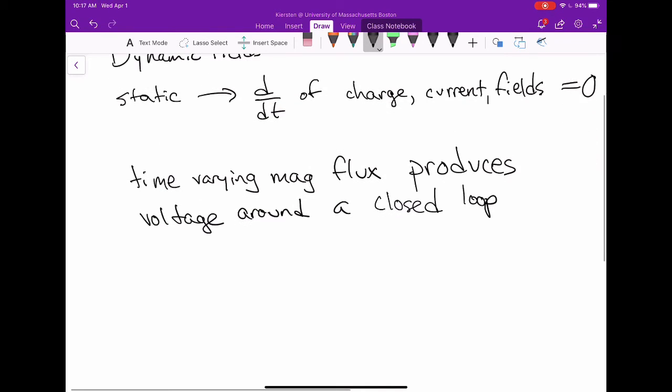Now, this is pretty significant. This goes against Kirchhoff's voltage law. And it also contradicts this idea of the electric scalar potential, right?